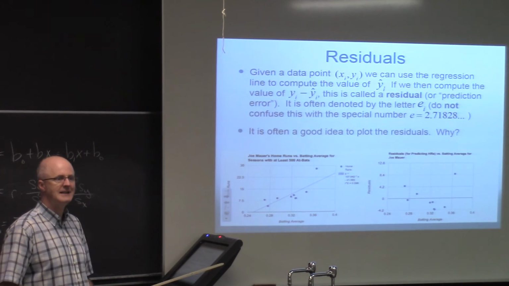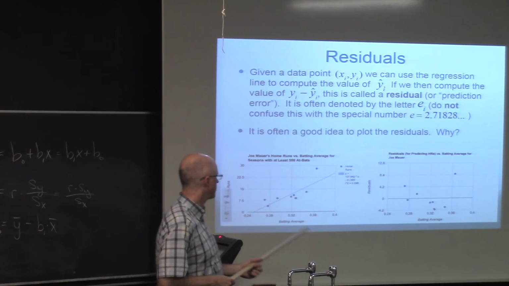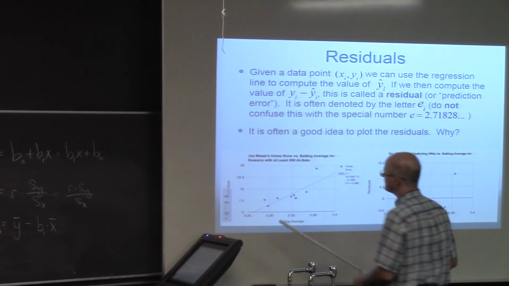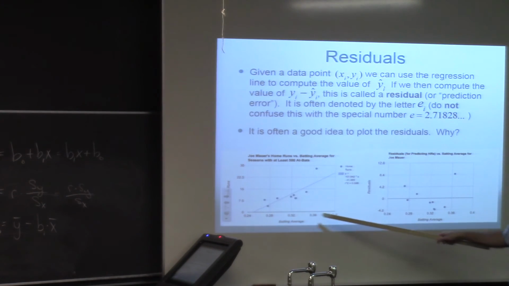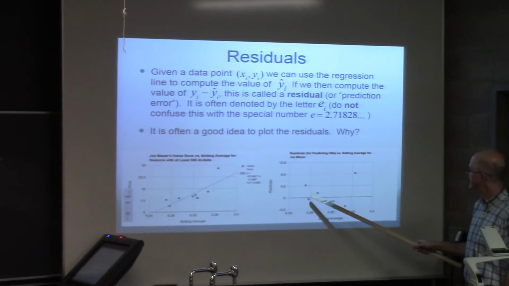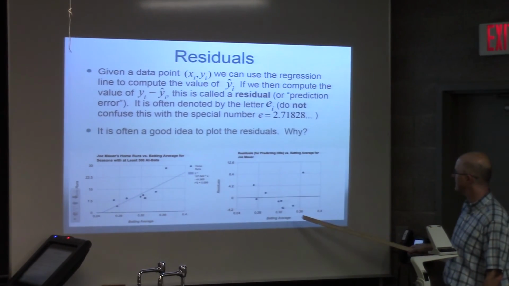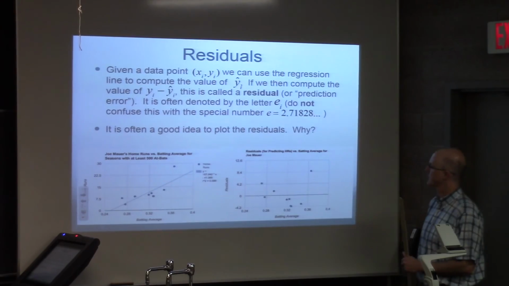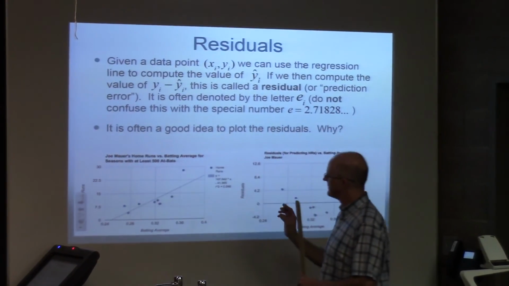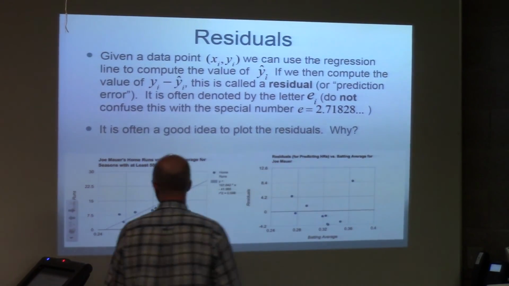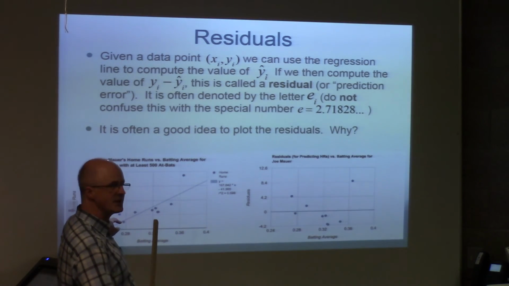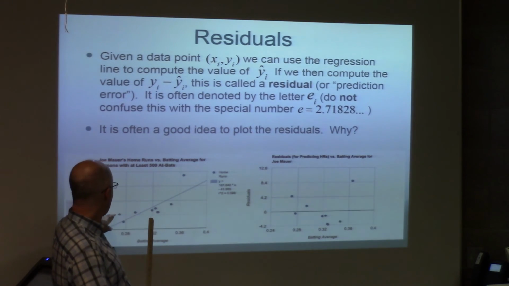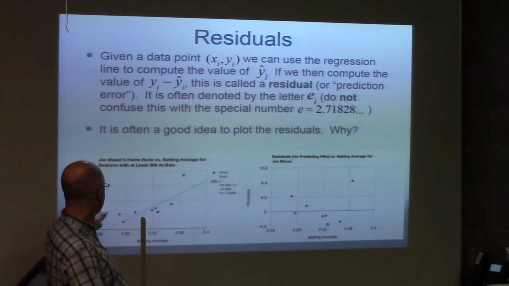Turns out it's often a good idea to plot the residuals, and I did that down here with the Joe Mauer thing. Home runs on the vertical axis, batting average horizontal. In this new residual graph, batting average is horizontal and the residuals are vertical. You can interpret the residuals as signed distances. If a point is above the regression line, its y coordinate, its yi here, is about 8.